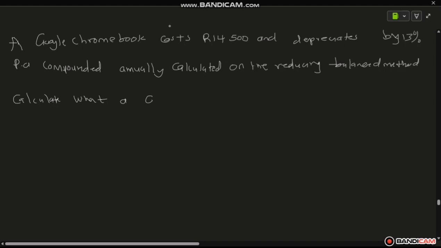Calculate what a Google Chromebook will be worth after exactly 5 years.